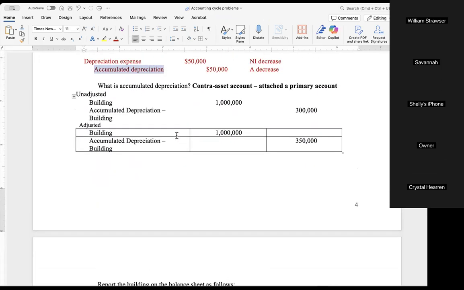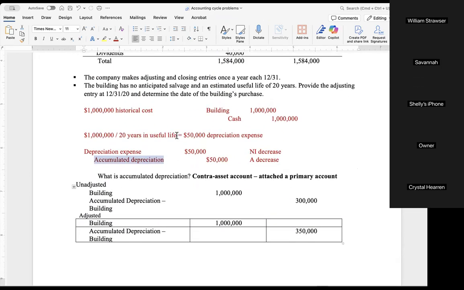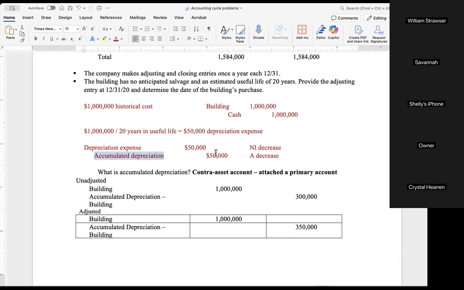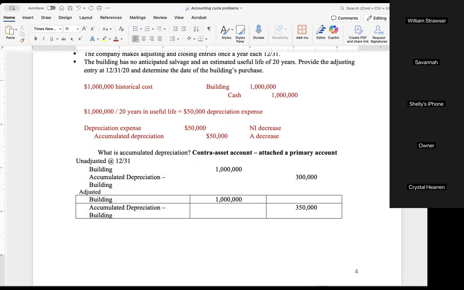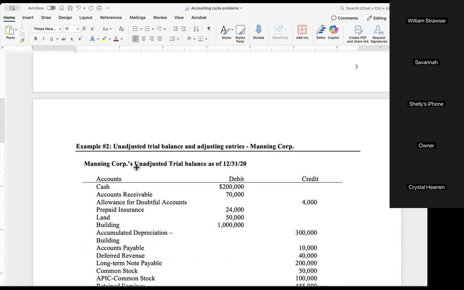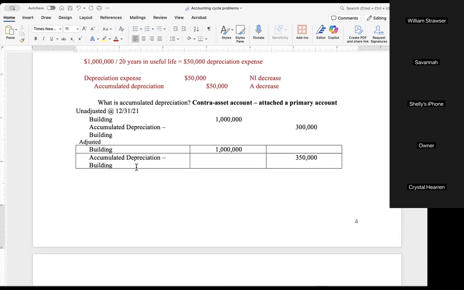All right. Then the next piece asks, when did we purchase the building? We have two amounts here. This is the unadjusted balance at 12/31/20, sorry, I thought it was 21.